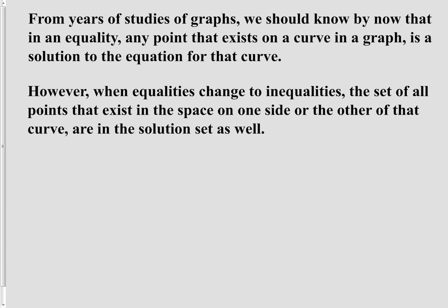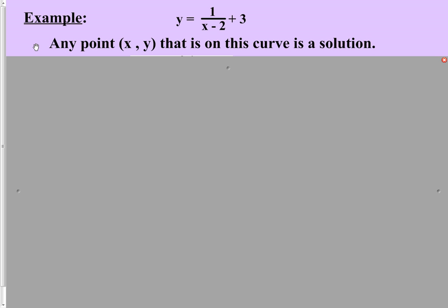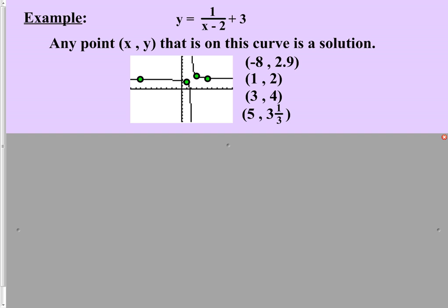Okay, so let's take a look at a couple of things. Just speaking generally here, not necessarily working this equation, but just reinforcing what we said a moment ago. For any equation that we have in mathematics, any point (x, y) that is on the curve or line is a solution to the equation of that curve. And I gave you a graph of what this particular curve looks like.